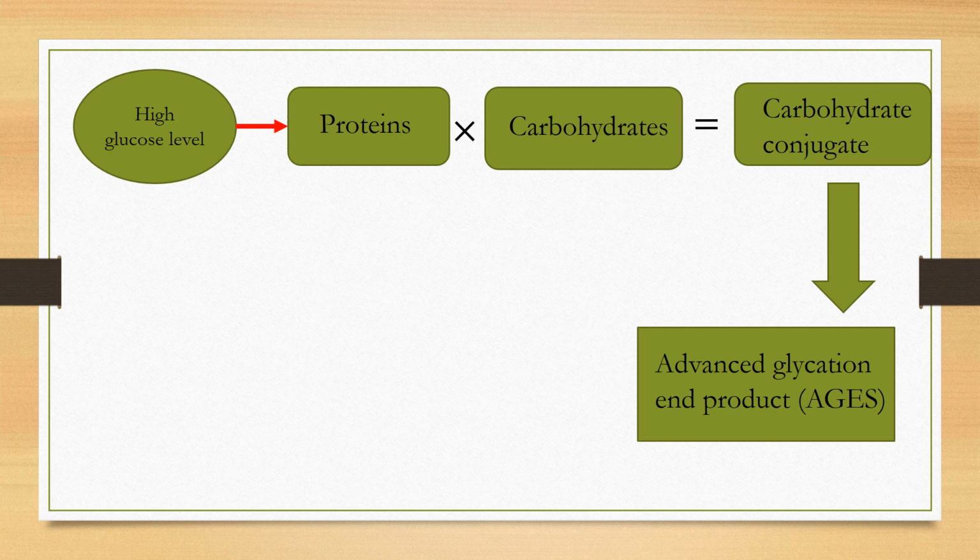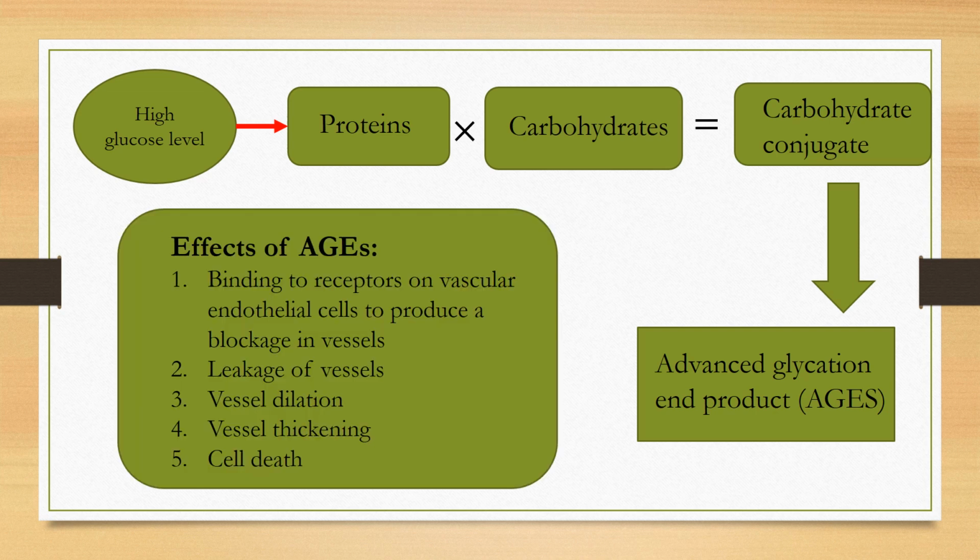These AGEs are the major cause of endothelial damage, and a major cause of blockage in the vessels. They are also the cause of leakage of blood vessels in the retina, vessel dilation, vessel thinning and cell death.